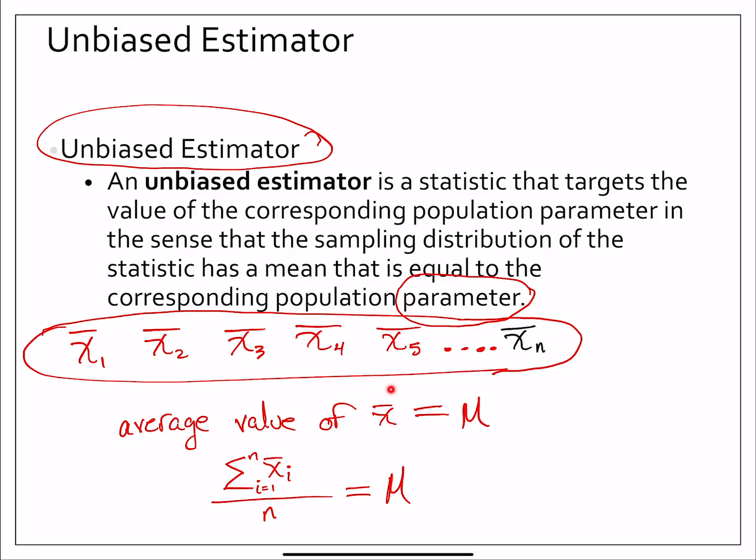So we find the average of all of the individual statistics that we found, and what we get out is the population parameter. Average all the statistics, get out the population parameter.